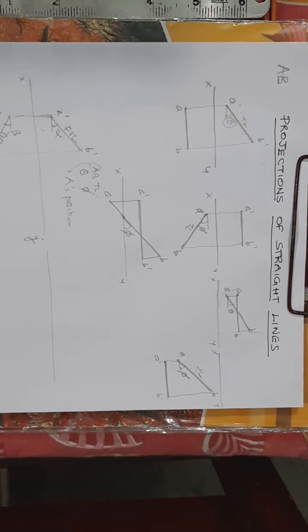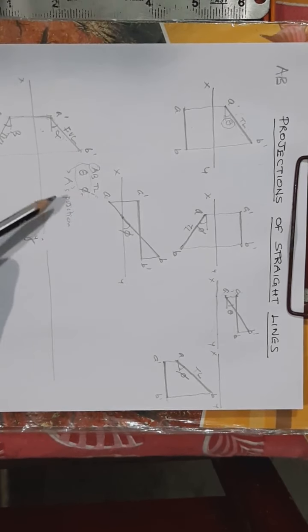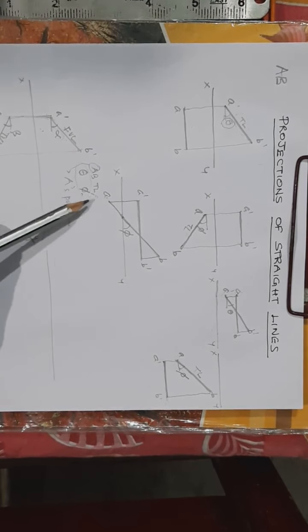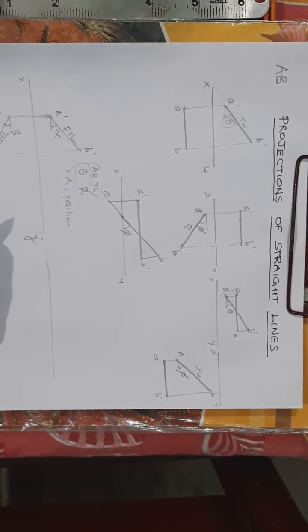Please understand, when a straight line is inclined to both the planes, when two inclinations are given, that tells us that the line is inclined to HP as well as VP. Theta and phi both are given, and the true length is given, and one end's position is required to fix. Initially we need to fix one of the ends and draw its projections, then only we can proceed.